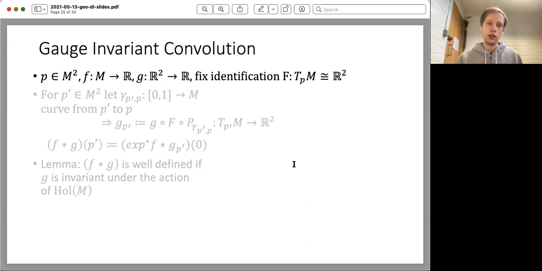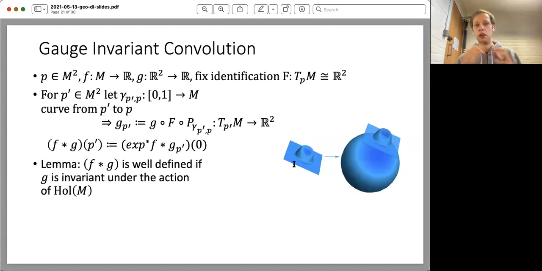Now if you take any point P prime in M, I want to transport the map G to be a map on the tangent space at P prime. And there's not much you can do. The way you do it is choose some curve from P prime to P called gamma.